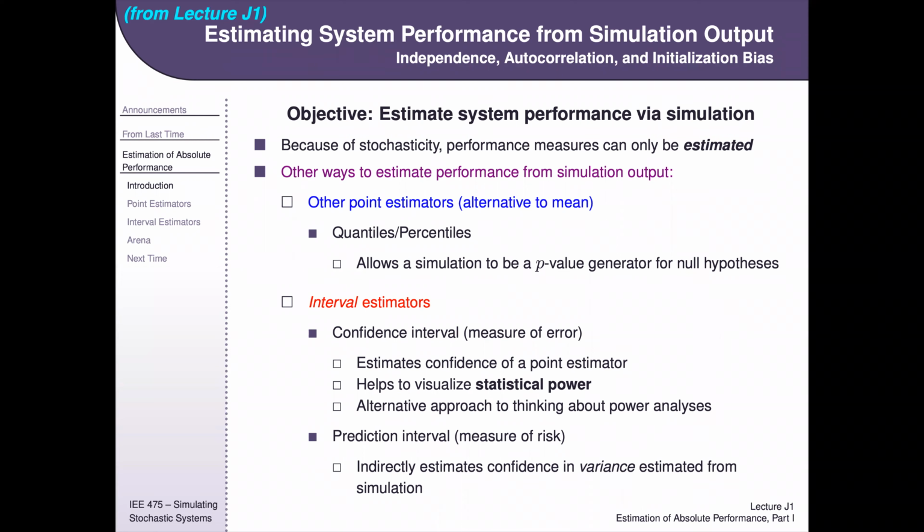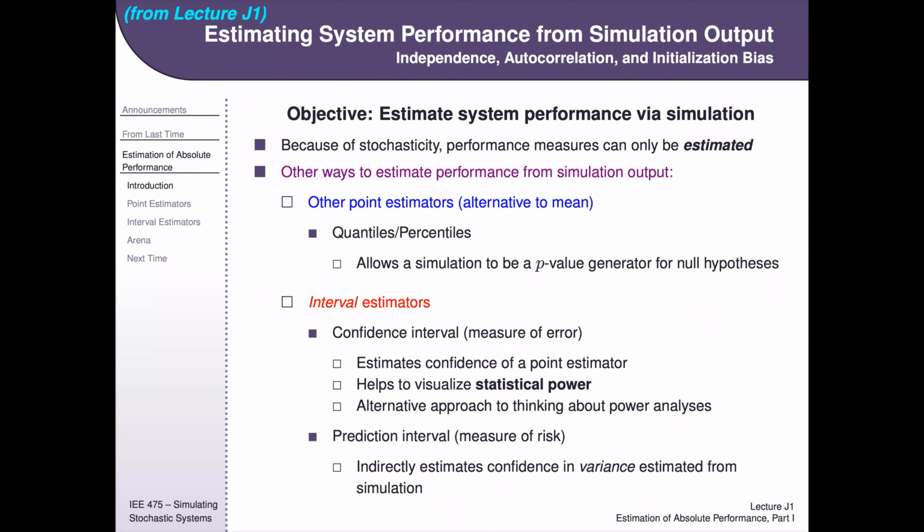The other estimator that we're going to spend a lot of time on for the rest of the semester is interval estimators. We are going to introduce confidence intervals here, and whenever we get an opportunity to estimate a value, we are going to use an interval estimator, and we'll define what those interval estimators mean.